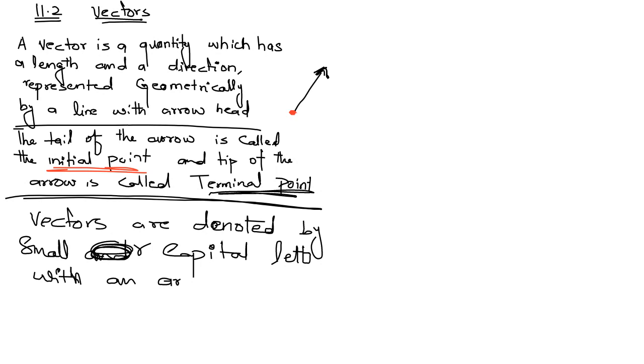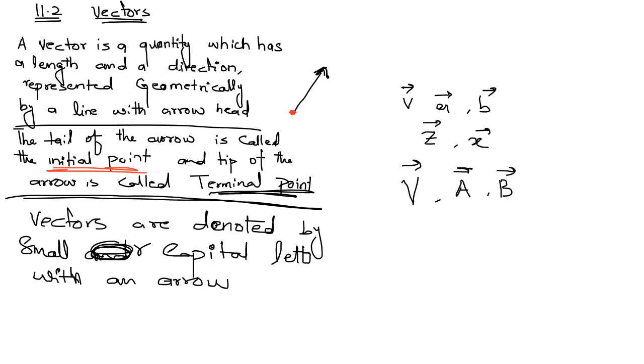For example, you write V arrow, A arrow, B arrow, or Z arrow, or X arrow, or you can say capital V, capital A, capital B, capital Z, capital X, or V dash, U dash, A dash, B dash.